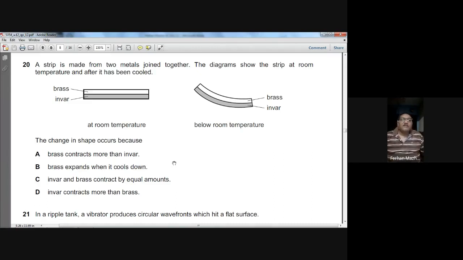Suppose the iron was contracting more and the brass was contracting less, on cooling it would have bended downward. But in the given situation, it has bended upward on cooling, which shows that the brass is contracting more than iron. So A is the choice for question number 20.